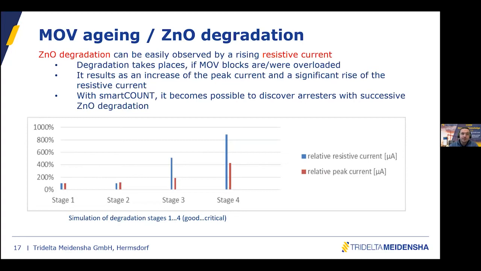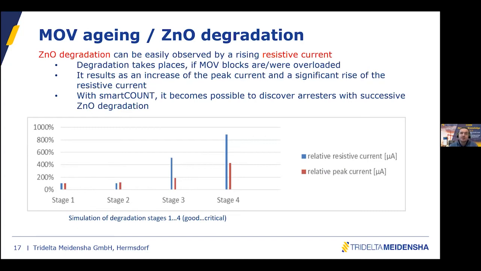Okay, now I think you are familiar with the concept. MOV aging, ZnO degradation, can be assessed by looking at the resistive current, which is a projection of the third harmonic. And the degradation takes place in different stages.